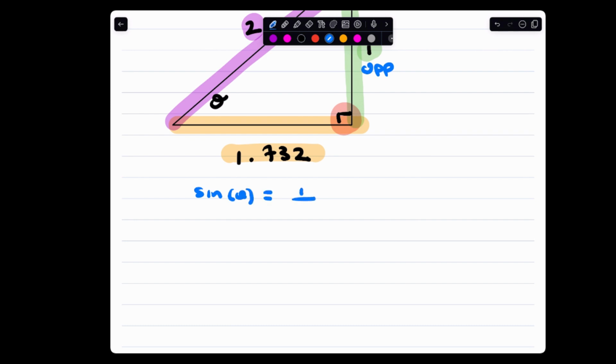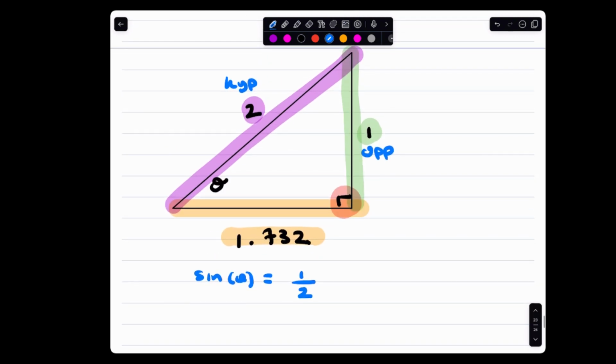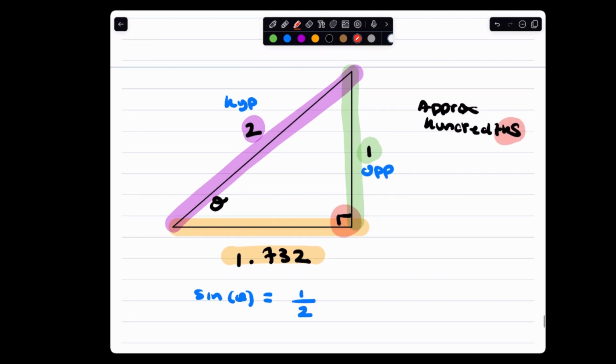Opposite over hypotenuse, isn't it 1/2? And what if they said, please approximate your answers to the hundredths position, for example. So if they gave you decimals now, can you, ladies and gentlemen, give the decimal representation?